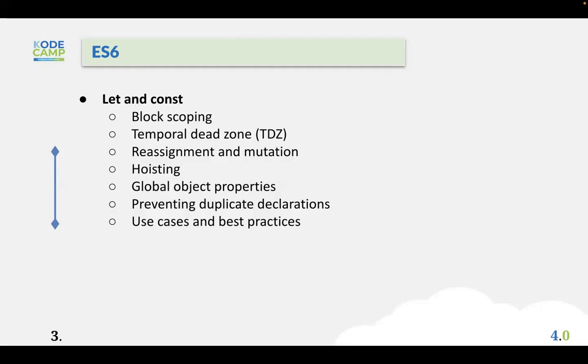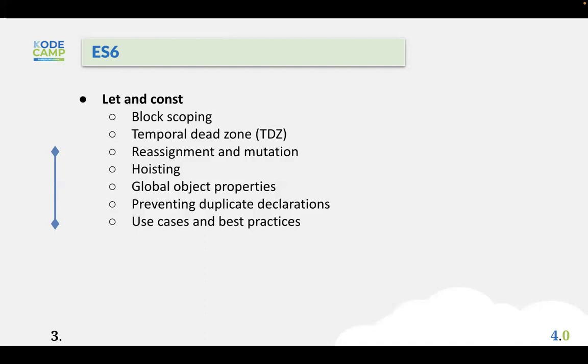This includes strings, mathematical constants, configuration settings, and so on. For let variables, let can be used to declare variables that need to be reassigned at some point in your code. This applies to loop counters, temporary variables used in calculations, and any data that needs to be reassigned or updated.